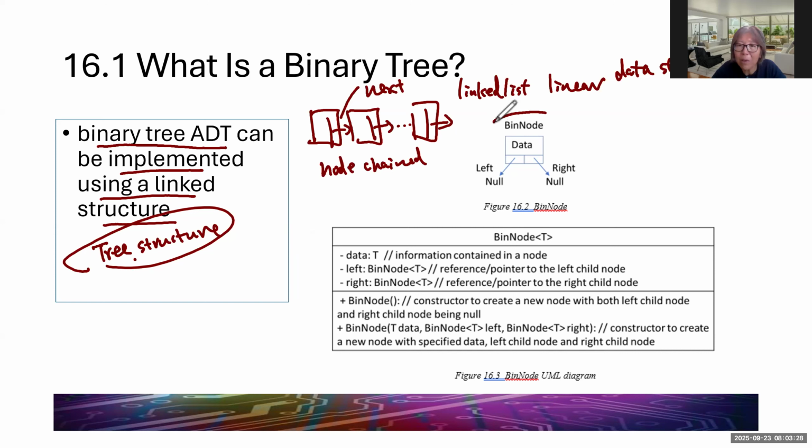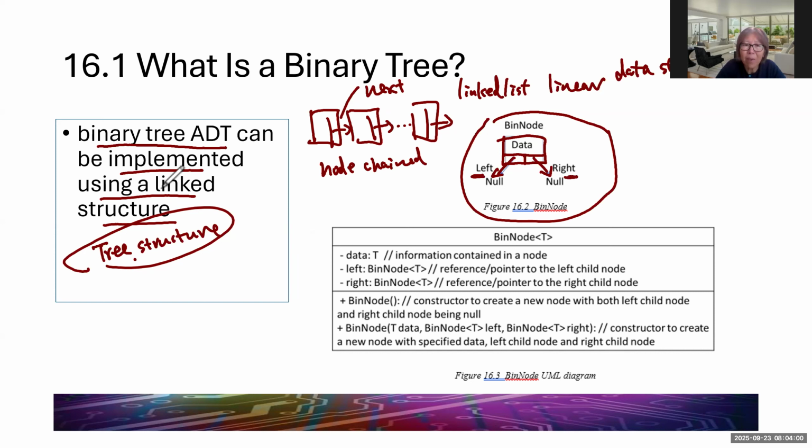So here, this is the basic building unit. We call it a bin node. Similarly, it has three parts this time. It has the data part, similar to the node in a linked list, but it has two pointers: one pointer to the left, the other pointer to the right.